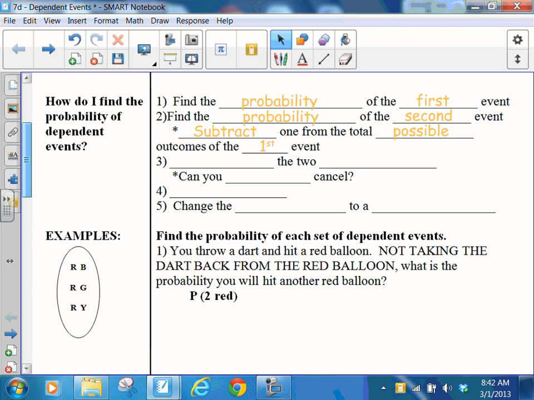Remember, this is like when someone has a bag of 5 marbles, and the first event is taking 1 marble out. Since they don't replace the marble, when the second event, taking the next marble out, comes around, there will only be 4 marbles left in the bag. So 5 minus 1 gives you the total outcomes 4.